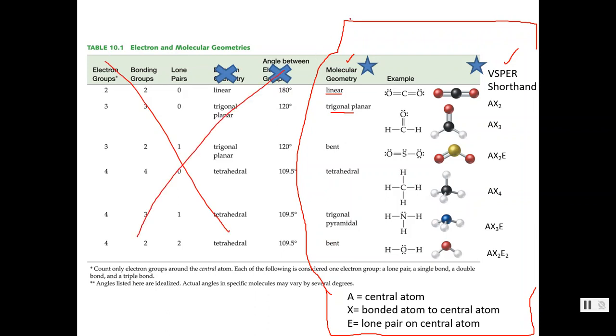What I want you to focus on for this chapter, and actually for your lab on Lewis dot structures, is being able to write a Lewis dot structure, from the Lewis dot structure determine this VSEPR shorthand notation using this AXE format, and then being able to look at this chart, from the VSEPR notation, and determine what the appropriate molecular geometry or shape of the molecule is.